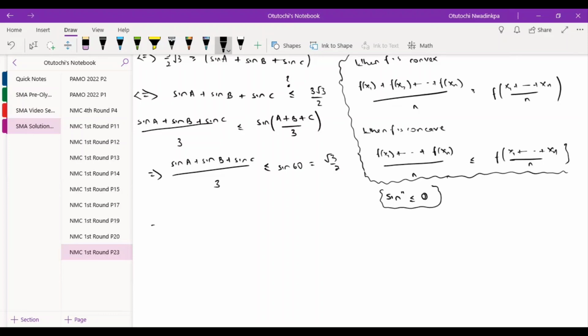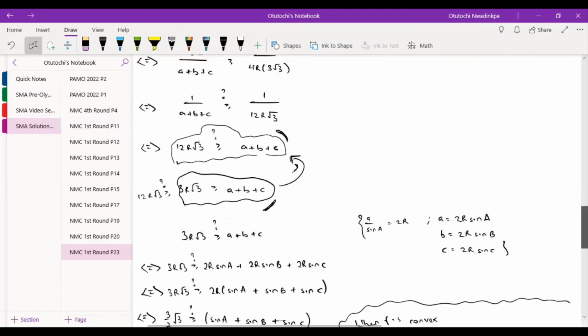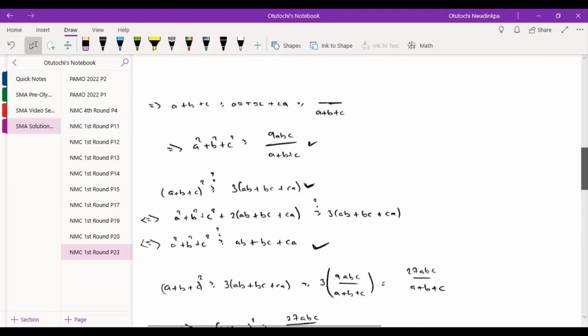And basically, we have what we want, which is sine A plus sine B plus sine C is less than or equal to 3 root 3 over 2. So this is true. And if this is true, then this is true. If this is true, then this is true. And of course, if this is true, then option E is true. So we are done.